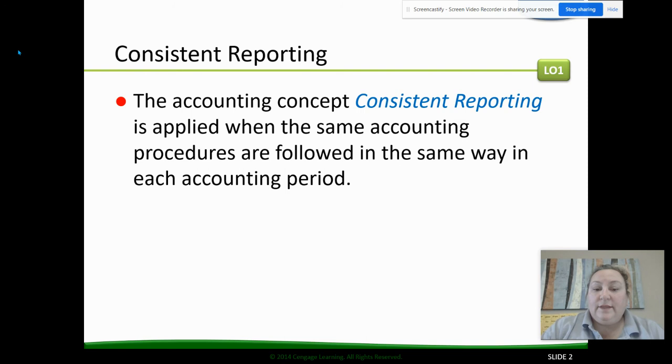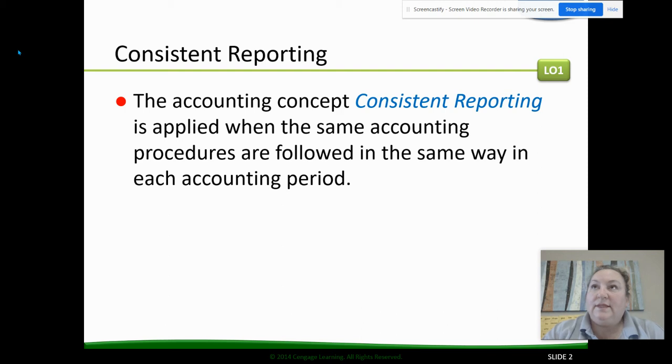So the biggest thing that we talk about, and this is one of those accounting concepts, like matching revenue and expenses and going concern, is that we are going to be consistent.